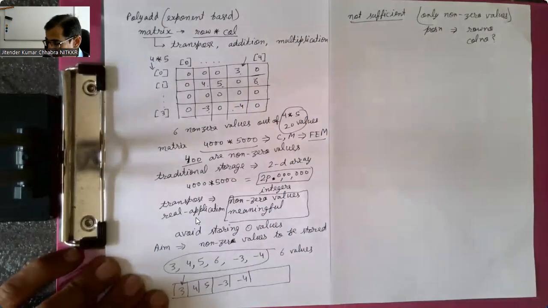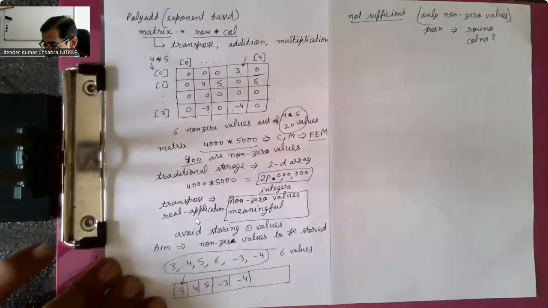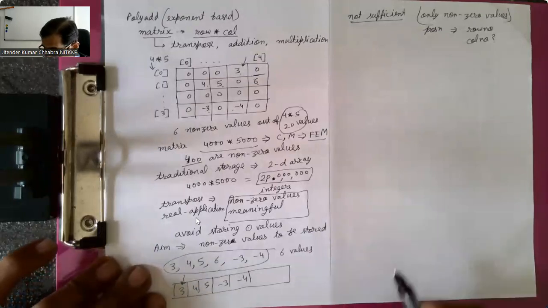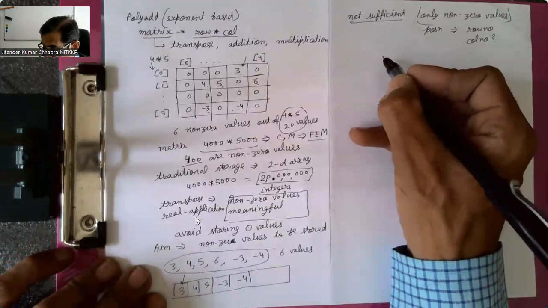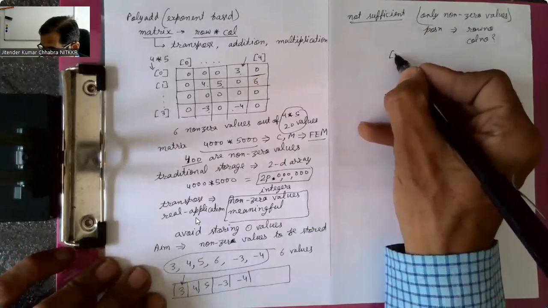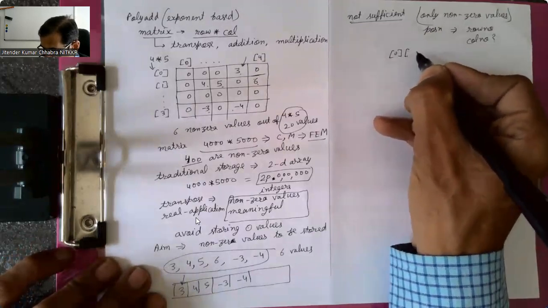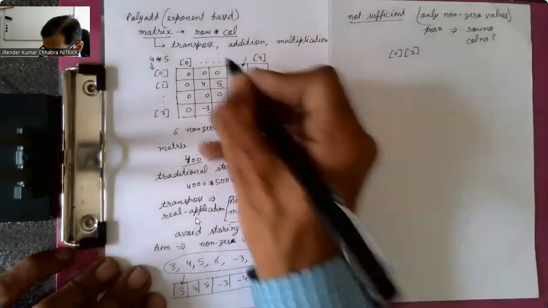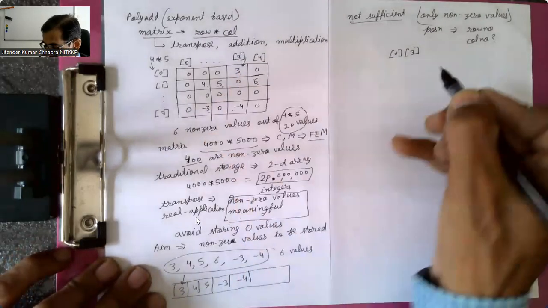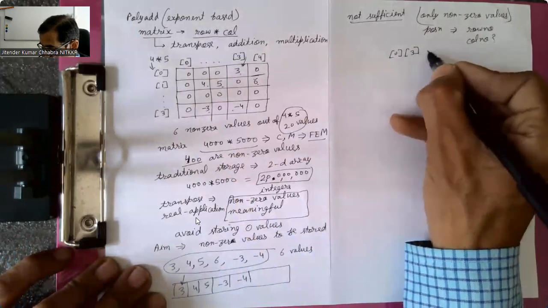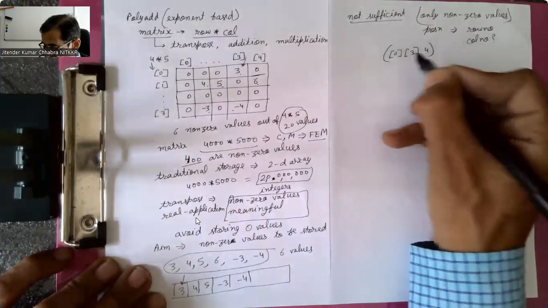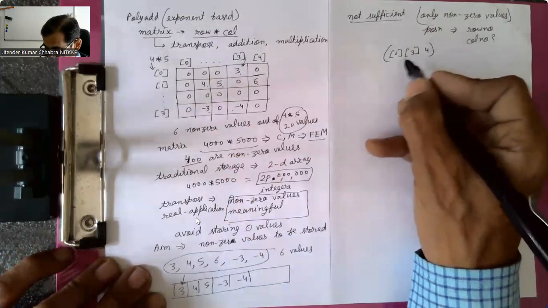So I can now smell a better solution: when I want to store 3, I can say it is at row 0, column 3.